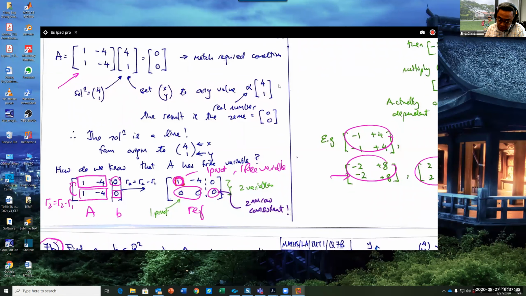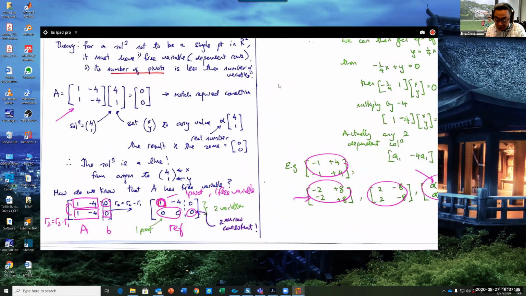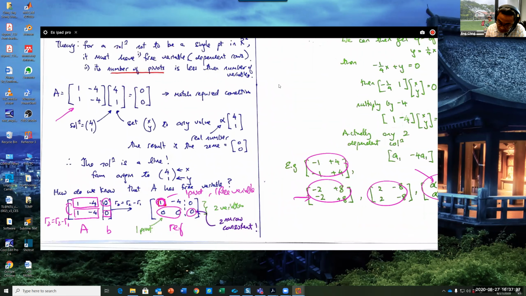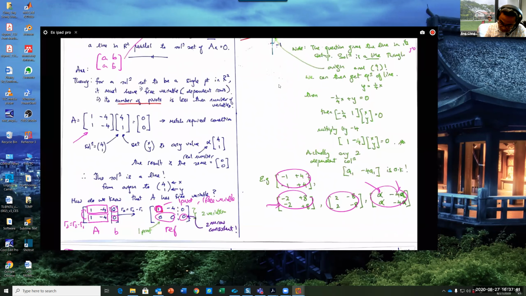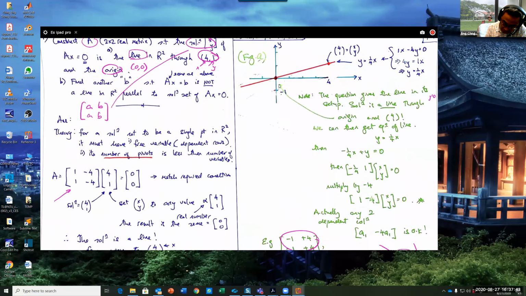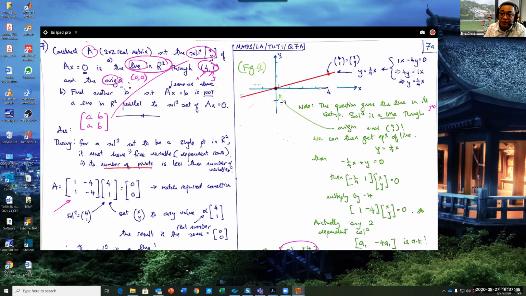Okay, and when we say the solution is infinite, in this interpretation, the answer is that the solution is a line because it's not a single point in R2. So we have come one big round to go from that little graph to see that actually the red line is all the solution.